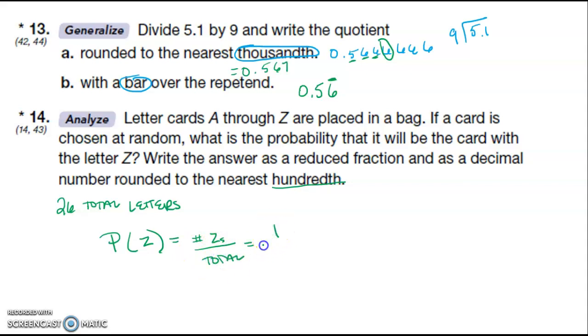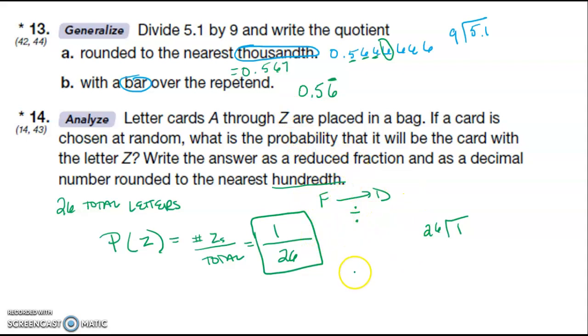So we only have one Z over 26. Here's my reduced fraction. Now to take this fraction to a decimal, I have to divide 1 by 26. 1 divided by 26 is an ugly number. That's why they want me to round it to the nearest hundredth.